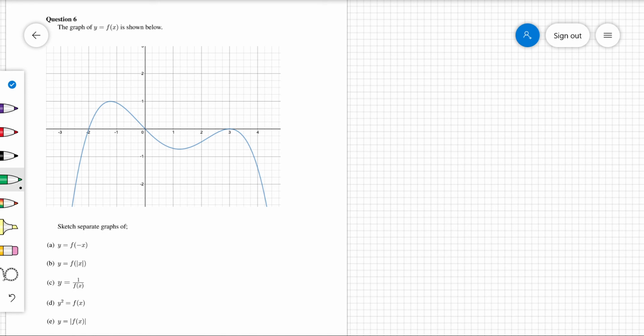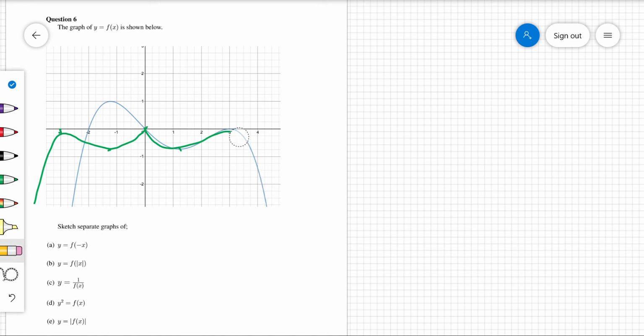So I could have kept that drawn, couldn't I? So this point here, which is this point here, and 3. Okay, so it is going to go like this. And we're including, of course, that bit as well. So that will be f of the absolute value of x.